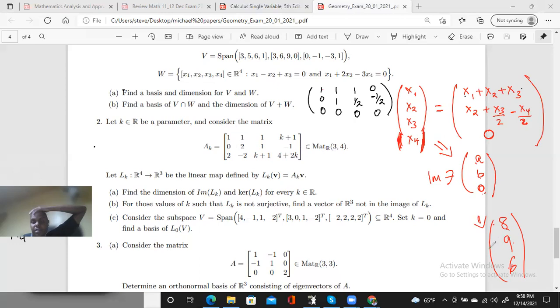No. So this vector is not in the image of Lk. So the answer would be just a random vector that is not following this format.